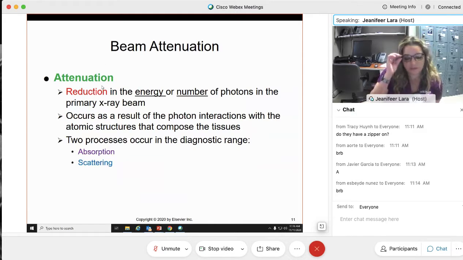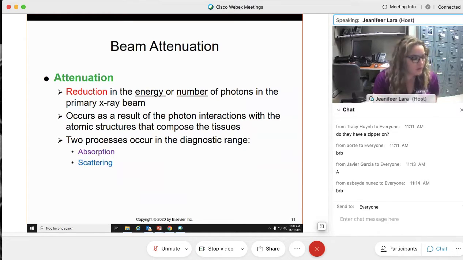Attenuation, we defined this term in the last chapter because I need you to be well informed, I need you to be ready to tell me, recite it, because I'm going to ask you, just like ionization. Ruth, what's the definition of ionization?